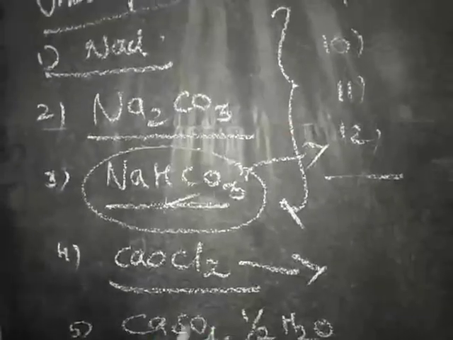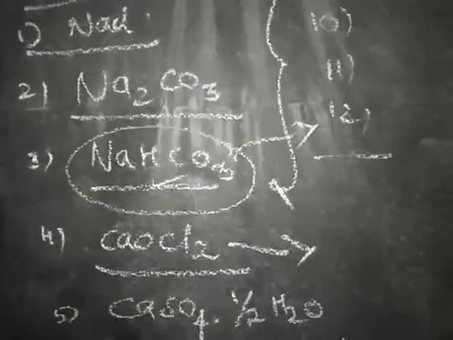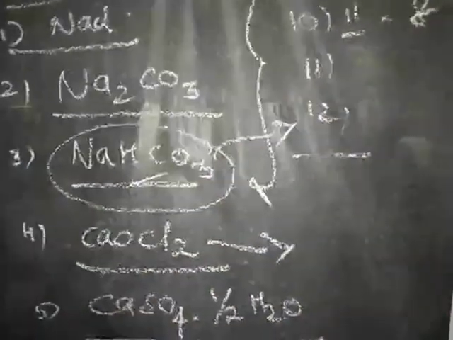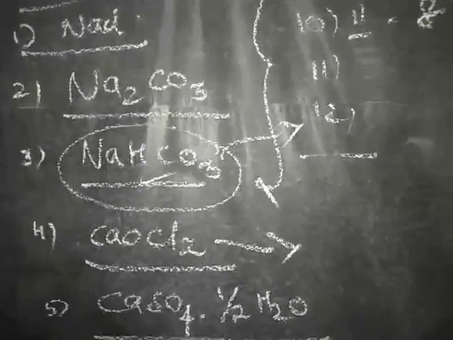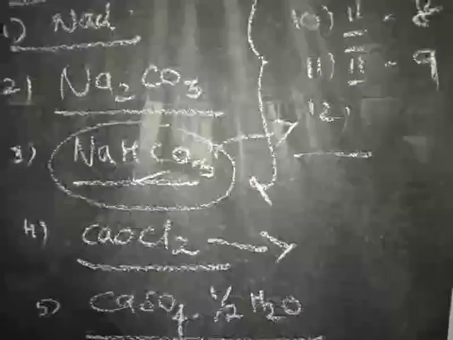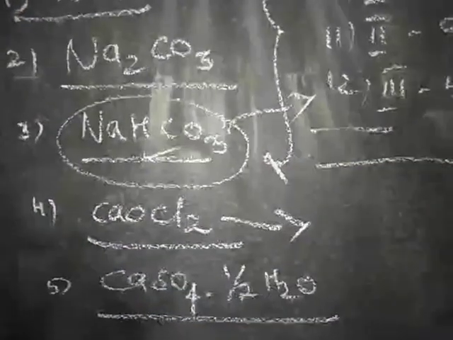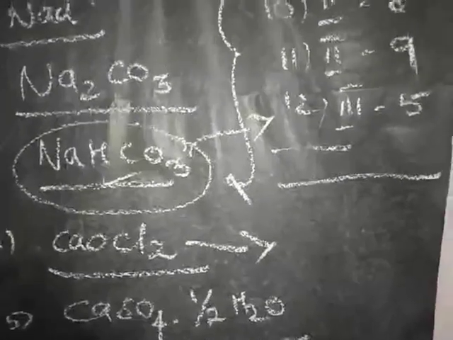Next one, second Roman letter, 8th question. Next one, second Roman letter, 9th question, 11th question. Last one, third Roman letter, 5th question. Just note it, write it and send it to me.